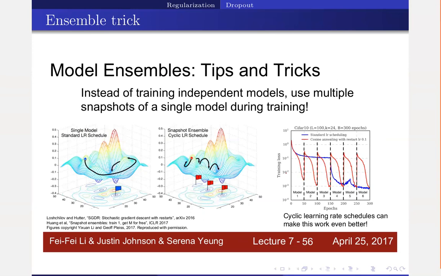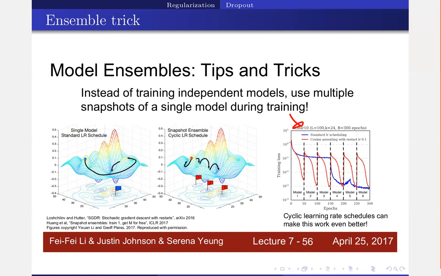Another way to do scheduling, and quite fashionable, is this cycling scheduler. Compared to the standard learning rate scheduler, as I showed earlier, where you let it go for a while, and when it plateaus you reduce the learning rate by half or by 1/10 and then go down again, another approach is to have a cyclic change of learning rate.